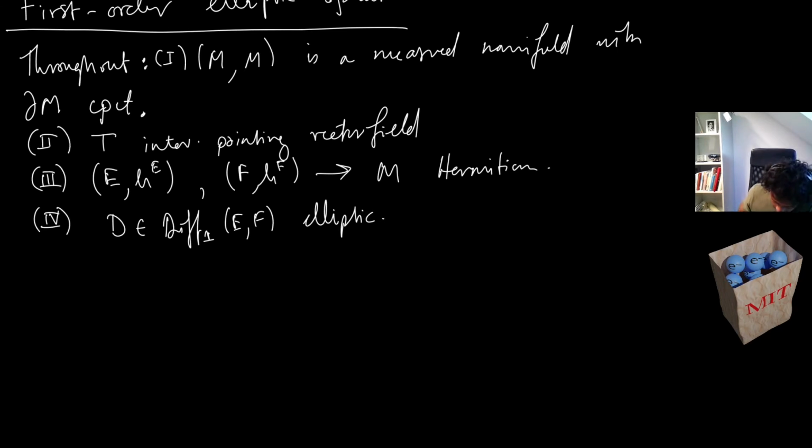So we've already seen now the collar neighborhood theorem, and the collar neighborhood theorem is a topological theorem. It tells us that topologically we can unfold a neighborhood of the boundary to just a half space involving the boundary in some sense.